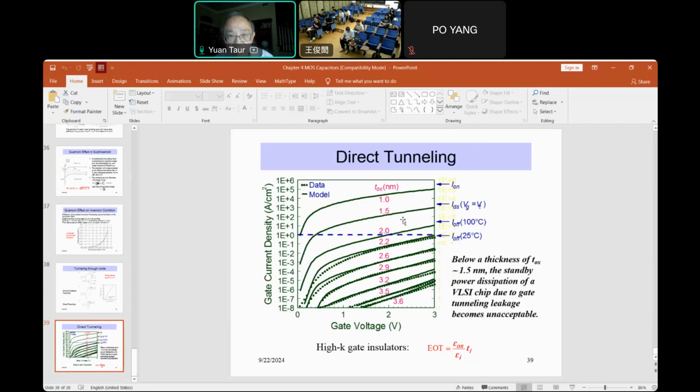So that's where the high-K gate insulator comes in, which we use to replace the oxide.